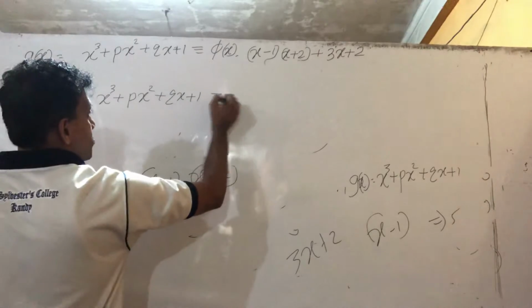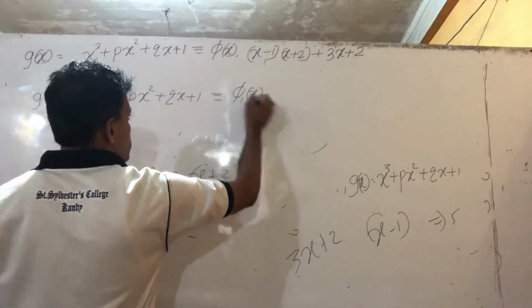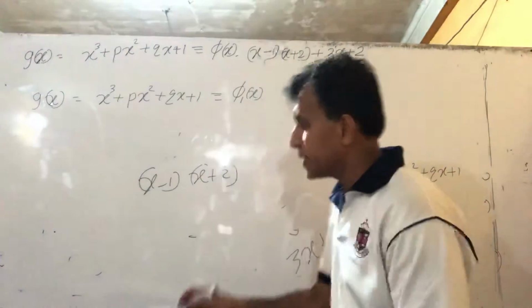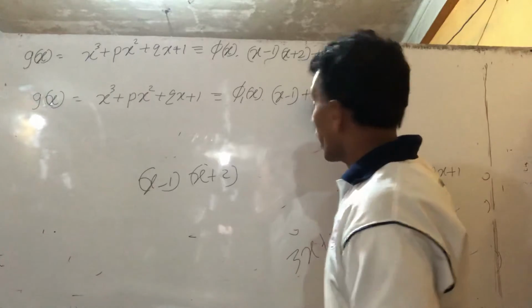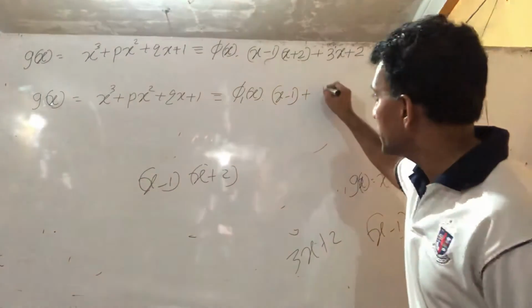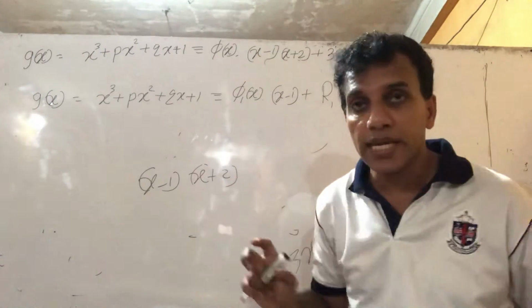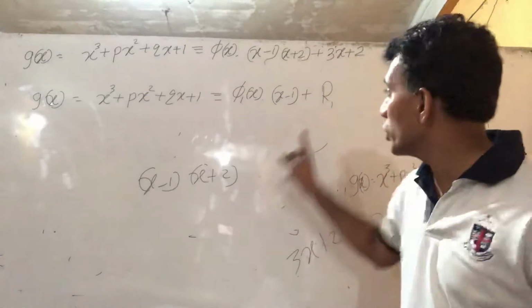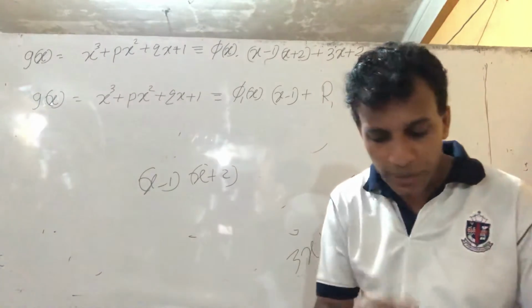If it is divided by x − 1, I say the answer is some Q1(x), answer times divisor (x − 1), plus the remainder, say R1. If any polynomial is divided by a linear factor, the remainder is a constant. I want to find R1.